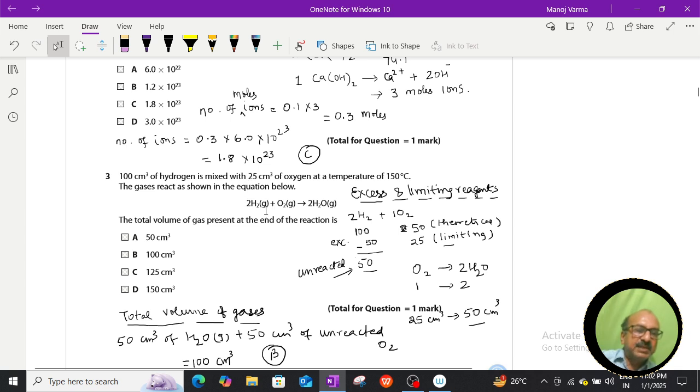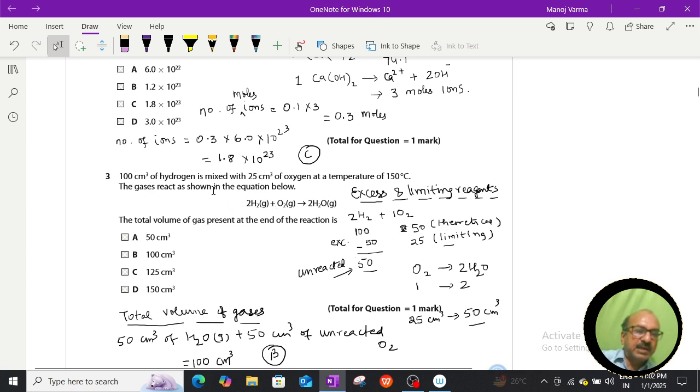So how do we decide that? See, 2 moles of hydrogen react with 1 mole of oxygen. That means 2 volumes react with 1 volume. So if I take 100 centimeter cube of hydrogen, then I should have 50 centimeter cube of oxygen. The ratio between the hydrogen and oxygen is 2:1.